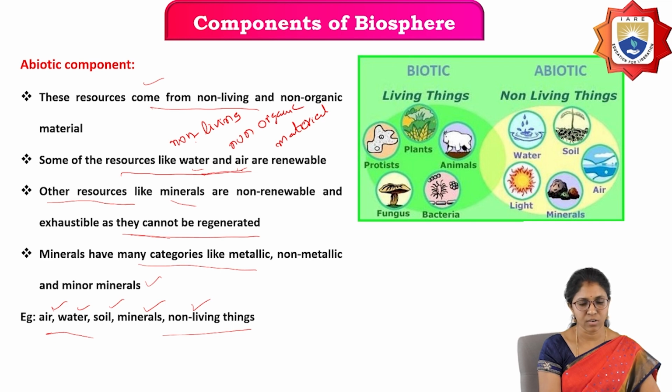The biotic includes plants, animals, and living organisms like fungus, bacteria, protozoa and all microorganisms. Non-living things like water, soil, air, light, minerals come under abiotic components of the biosphere.